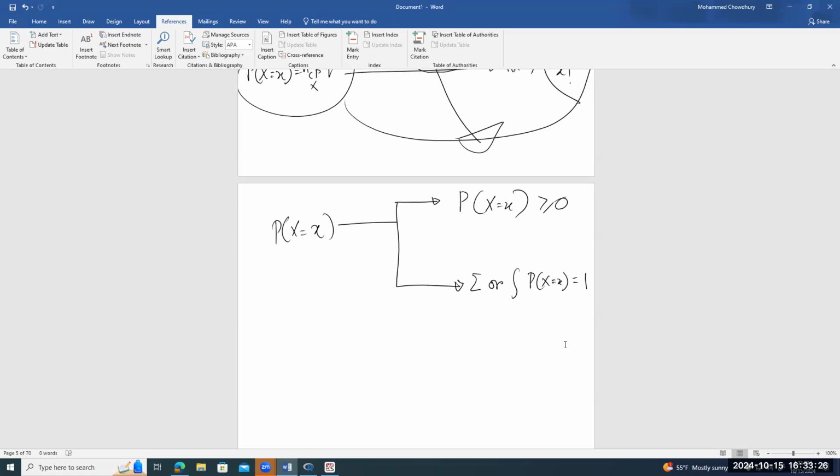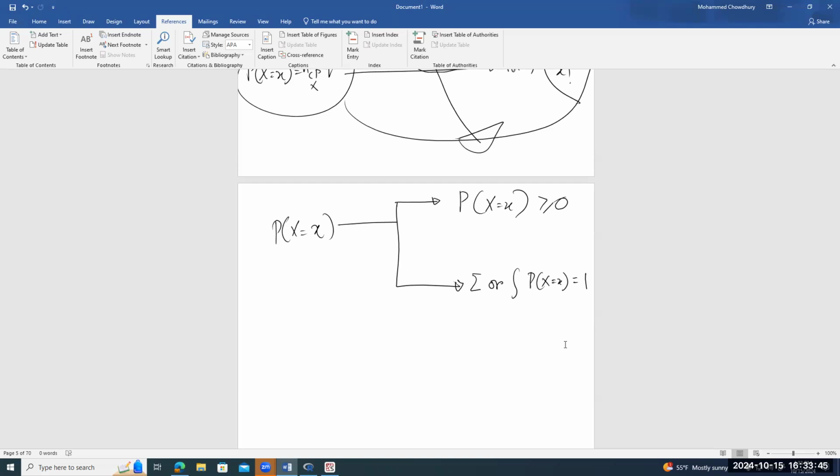Are you understanding what I said? Someone tells you this is a probability distribution. Then what would be your question? Does it satisfy these 2 conditions? That means, is it always positive? Second, does it sum up to 1?